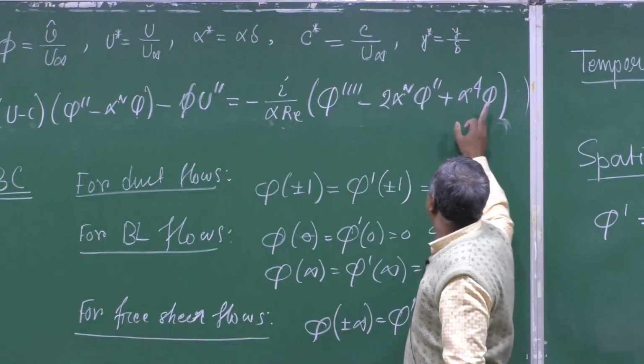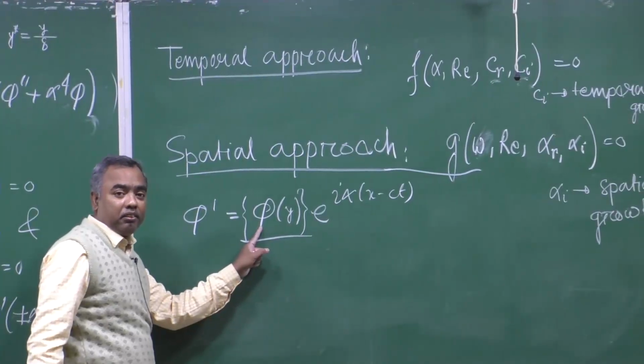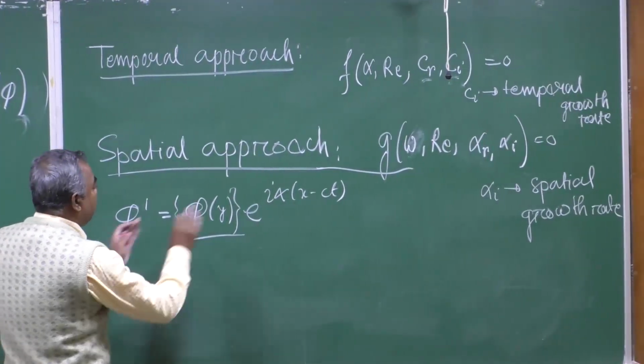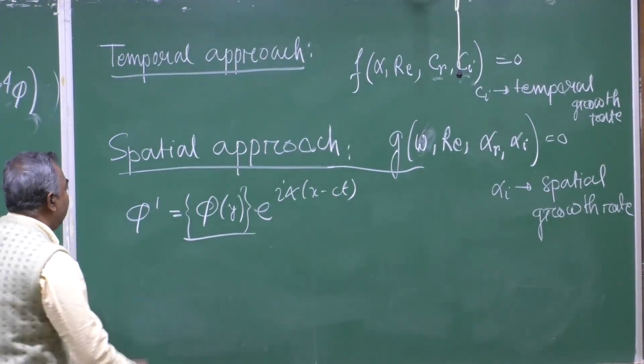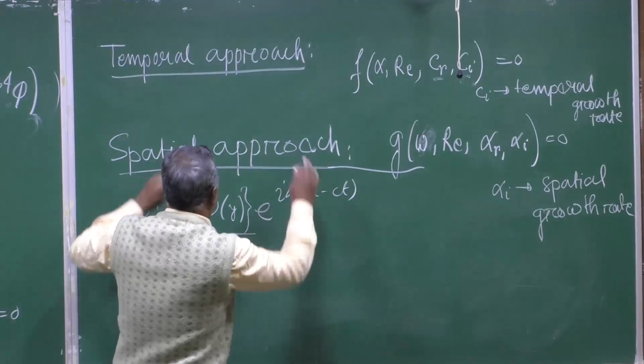Okay. So, this phi is basically the amplitude function. Okay. So, you see from this particular equation, let us see what we get if we consider the spatial approach.